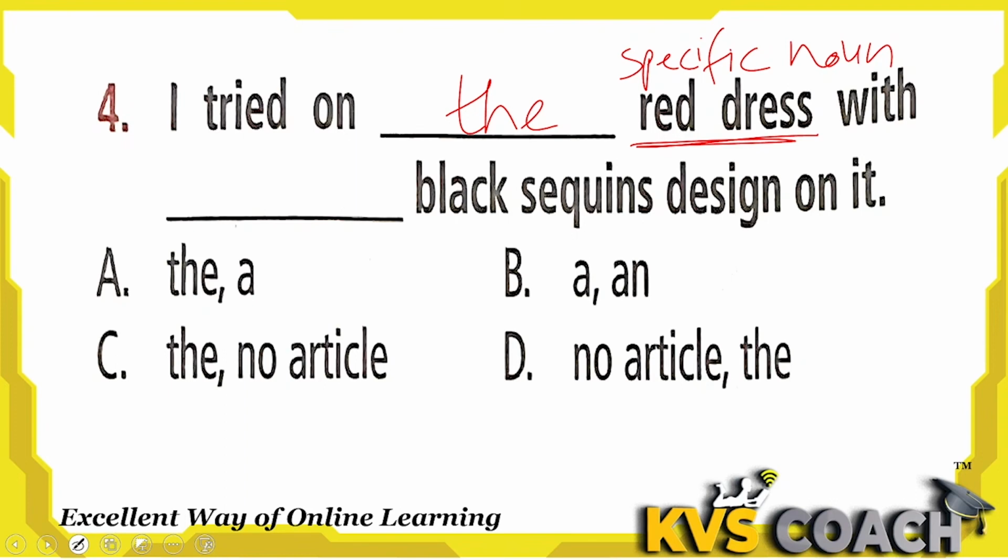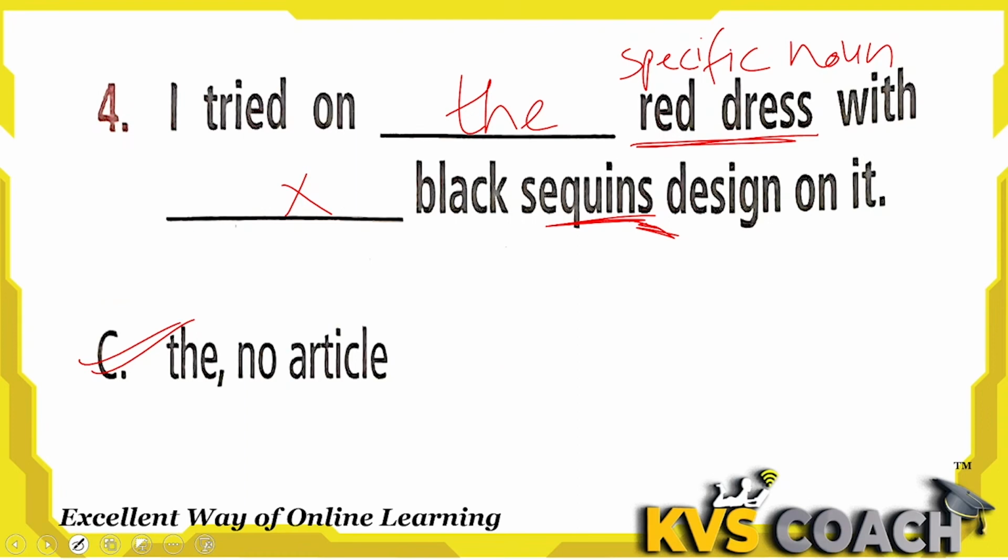Here sequins is plural. Dress is singular, but sequins is the plural word here. With plural, we don't use an article. So here, no article. I tried on the red dress with black sequin design on it. C is the right answer here.